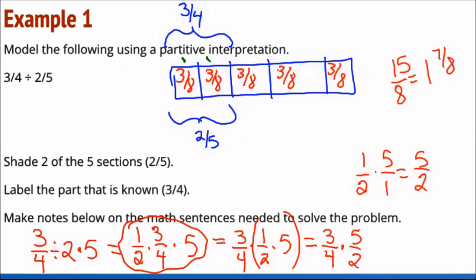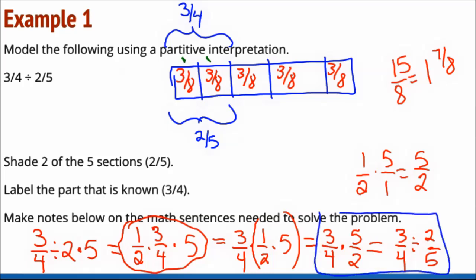And all of this is, of course, equal to our division problem, 3/4 divided by 2/5. So if we look right down here at the end, and I think I might even come up and write this up here, 3/4 divided by 2/5 is equal to 3/4 times 5 halves.